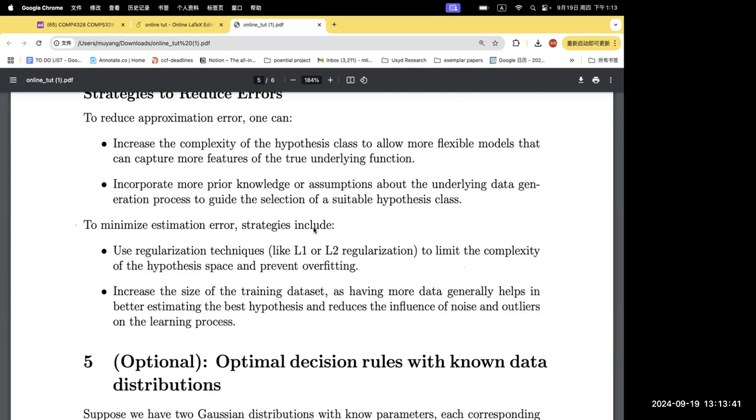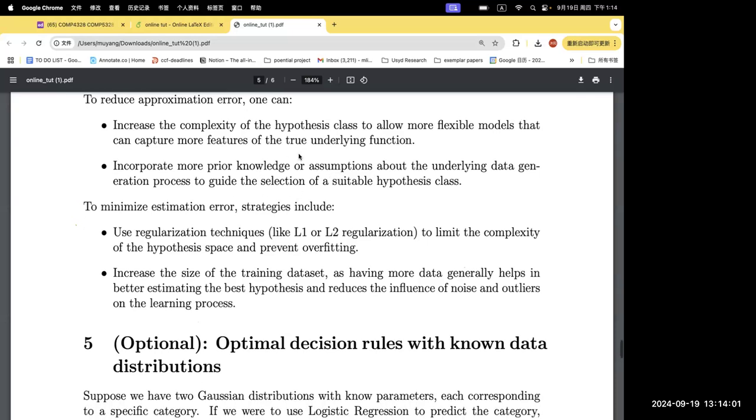If we know information about the target concept, then we can handcraft a hypothesis class that is tailored specifically to this target concept. That is actually called inductive bias, and you can see that a lot in either modern deep learning applications or some conventional learning algorithms.